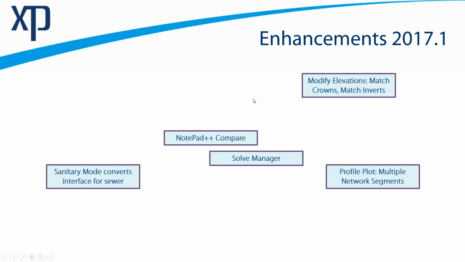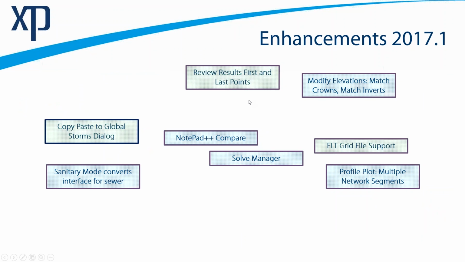So I've shown this in my short demo, and a few other things which are enhancements, which I'm not really going to talk about too much further, except that they were perhaps shown in my live presentation. We can copy and paste into the Global Storms dialog.